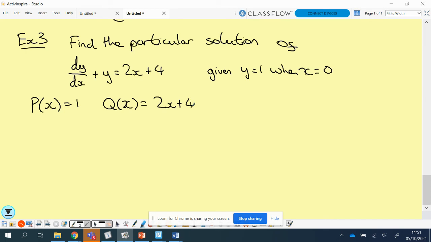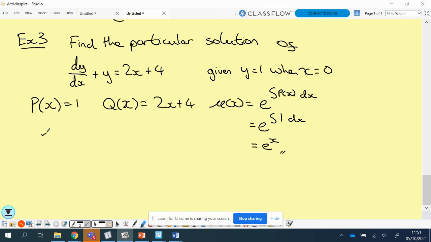Okay, so mu of x equals the exponential of the integral of p of x dx. So that's e to the power of the integral of 1 dx. And if I integrate 1, I just get x, so mu of x is just e to the x.